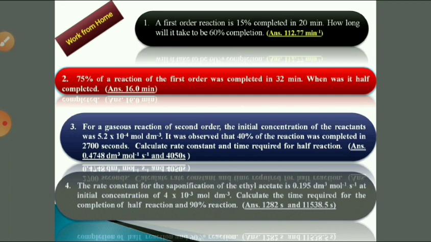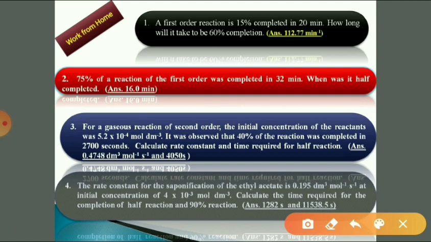Now the homework. Here I have given four different problems. The first problem: a first order reaction is 50% completed in 20 minutes. How long will it take to reach 60% completion?